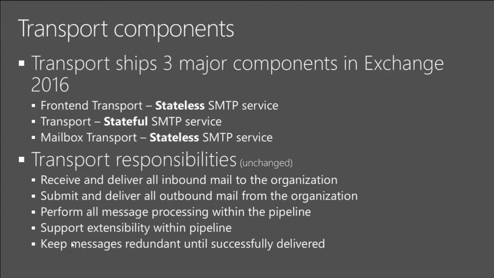Now you might equate the transport service to what we used to call hub transport in 2010. So it's similar. It's the same thing really. One takeaway: transport is the only stateful component. It's the only place where your mail will be stored. No other transport component stores that.